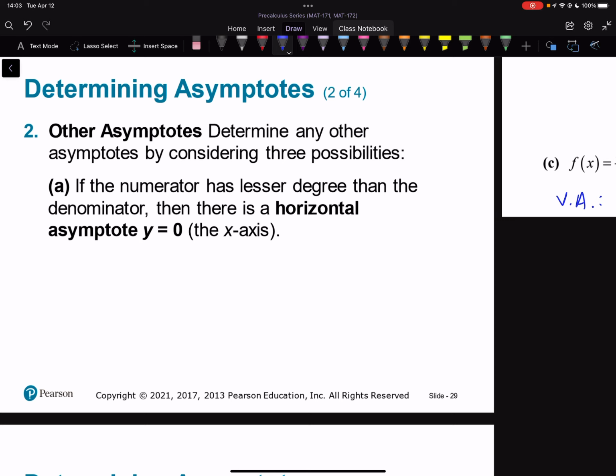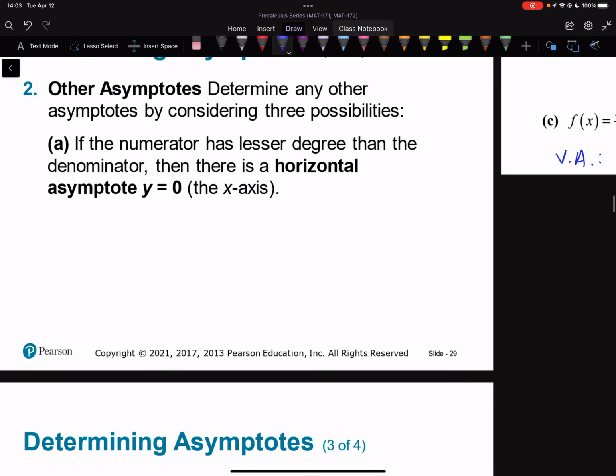As far as the non-vertical asymptotes, we have a couple of scenarios that we're going to look for, and they're all predicated on the relationship between the degrees of the numerator and the denominator. If the numerator has a lesser degree than the denominator, then the horizontal asymptote is going to be y equals 0, or the x-axis.